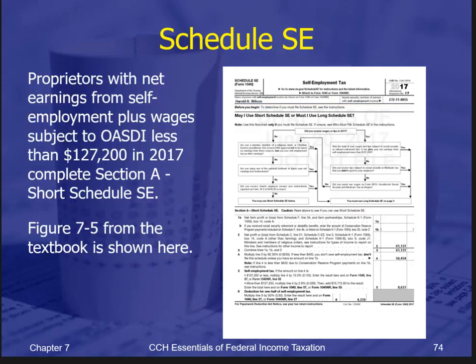If you have several forms, then you're going to have to use the long form. So fairly straightforward. It walks you through multiplying by 0.9235 we already talked about, walks you through getting the right amount if you're up to a limit, and also tells you what half of it is and where to put that on the 1040.